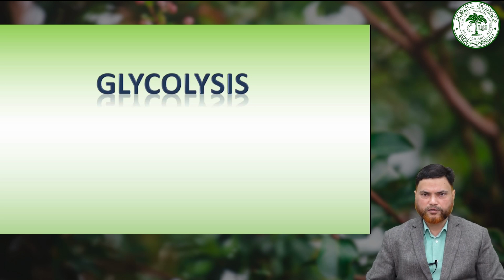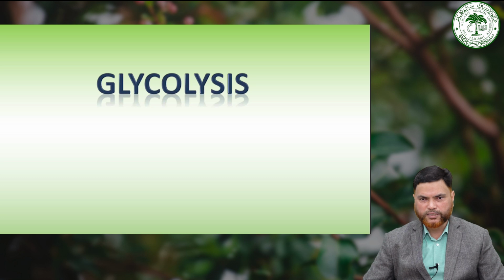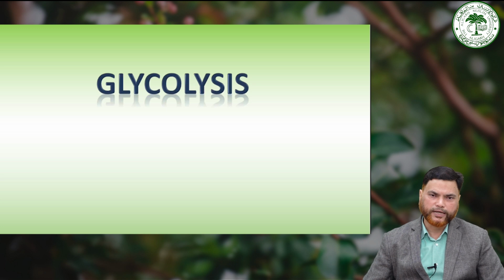Now, let us begin with glycolysis, which is the initial stage of cellular respiration, and this process takes place in the cytosol of the cell. So, the seat of glycolysis is basically the cytosol. So, we are going to look further into the details of this glycolysis. In glycolysis the raw materials are glucose molecules, which are 6 carbon sugars.